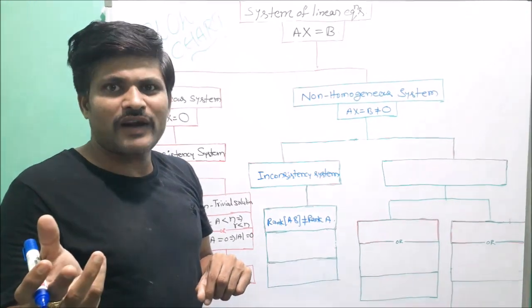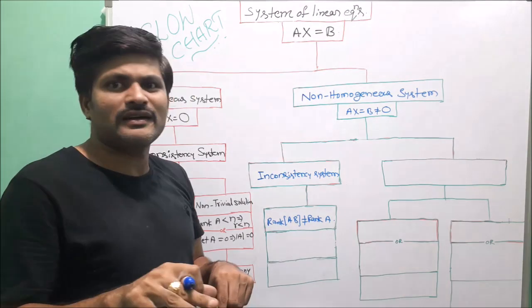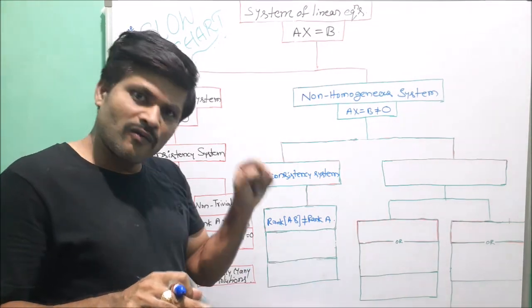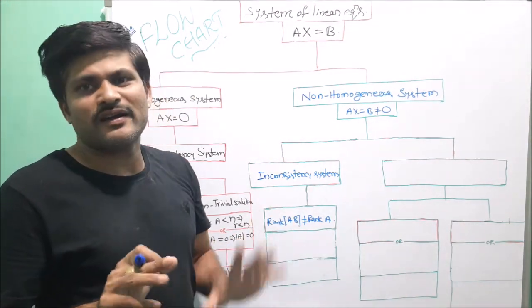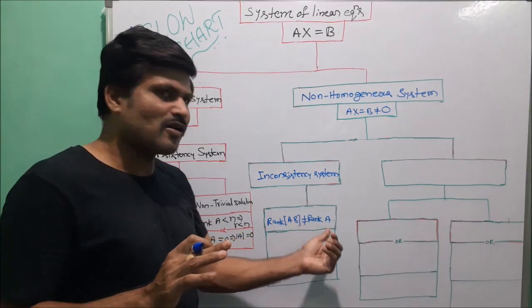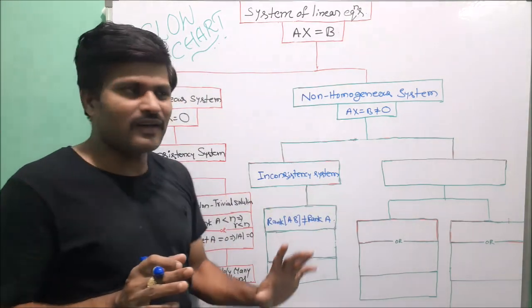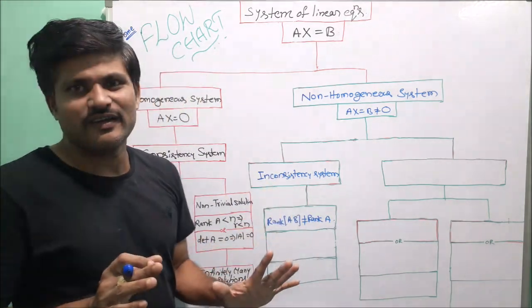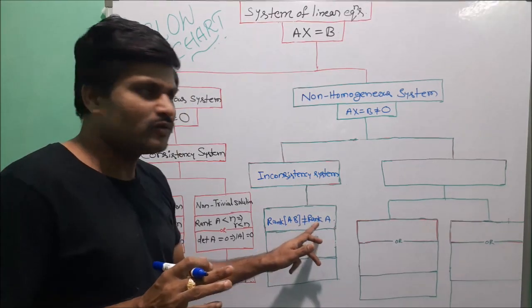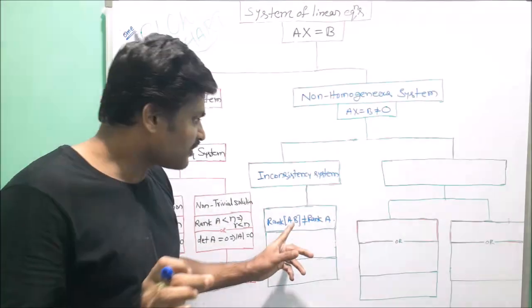First we find the rank using transformations. At the same time, in that augmented matrix we get the rank of the coefficient matrix also. If the rank of AB and rank of A are equal, the system is consistent; if not equal, it is inconsistent.